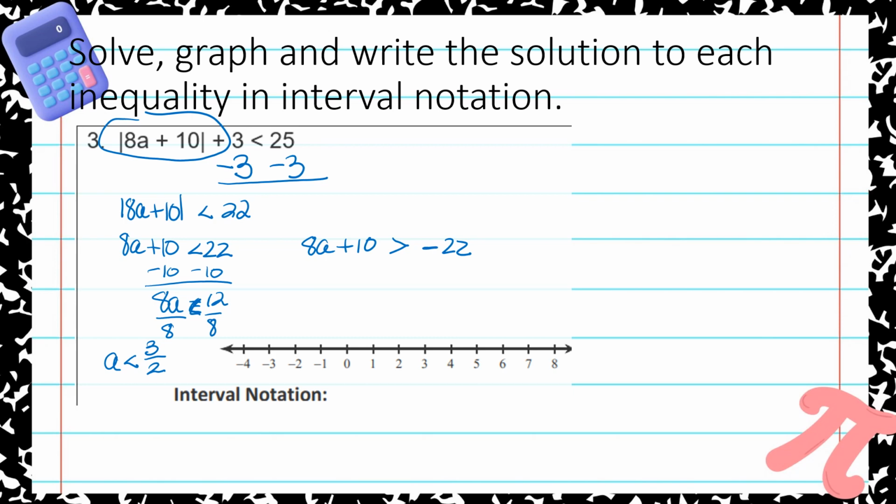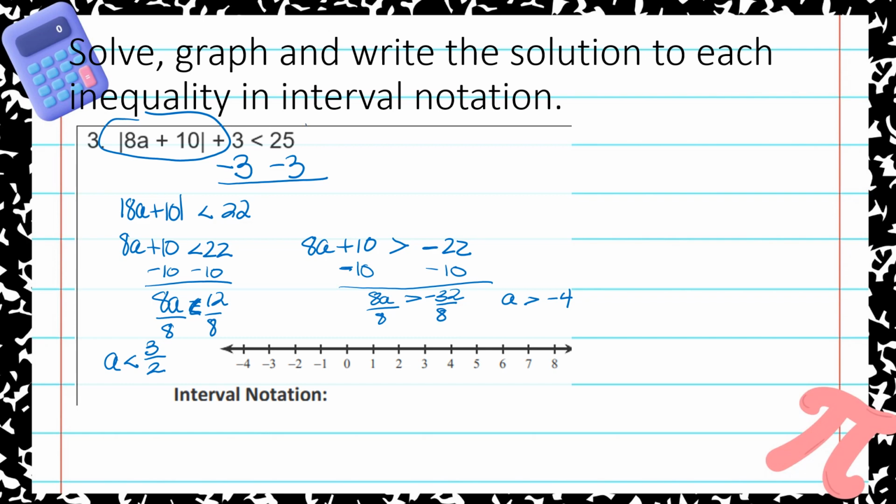If I now solve the second inequality, I'm going to subtract 10, and I get 8a is greater than negative 32. And if I divide both sides by 8, a is going to be greater than negative 4. Okay.